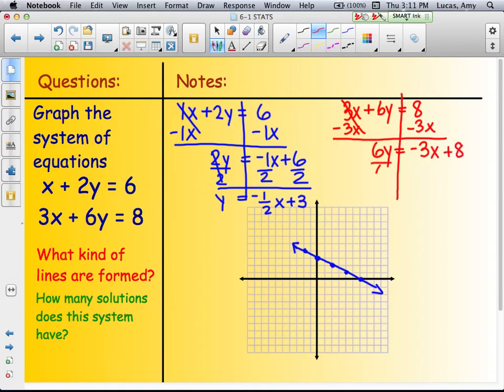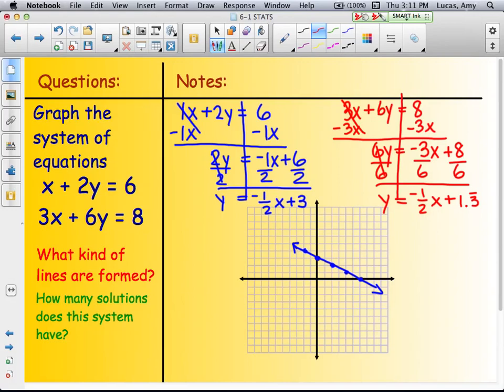And then divide everything by 6. So y equals negative 3 over 6, which can reduce. So in lowest terms, it's negative 1/2. So negative 1/2 x plus 8 divided by 6. 8 divided by 6 doesn't divide evenly. It's 1.3 repeating.